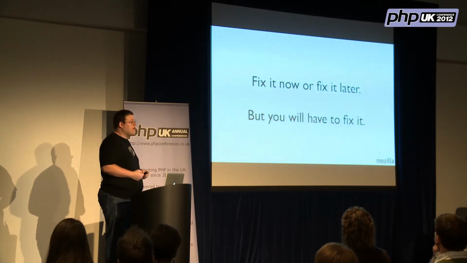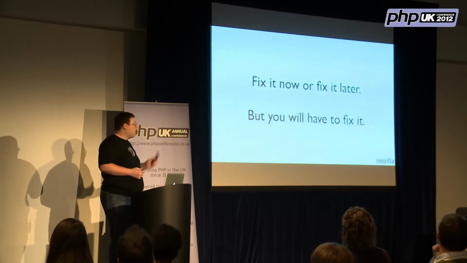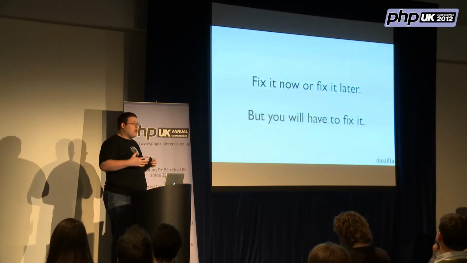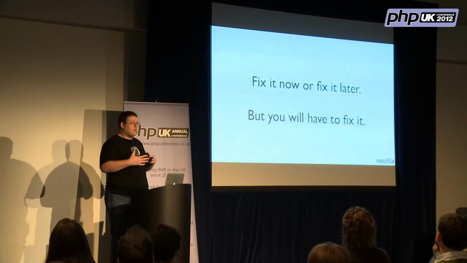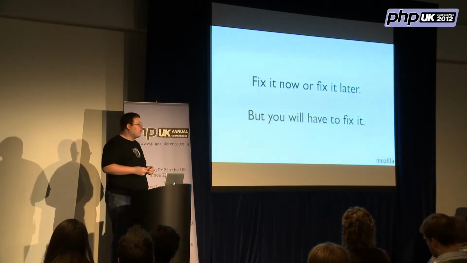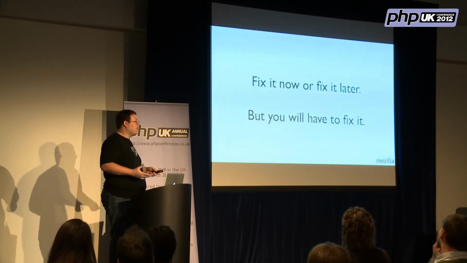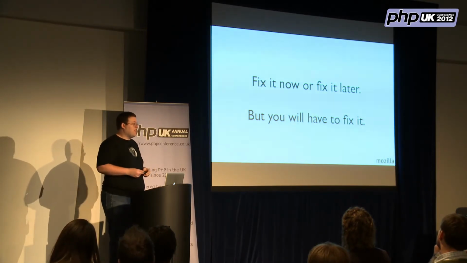But the bottom line is, you can fix it now or you can fix it later, but eventually you will have to fix it. Because as your web app grows, you are going to have to solve this problem somehow, some way. You're going to have more than one data source. If it's not today, it'll be tomorrow.